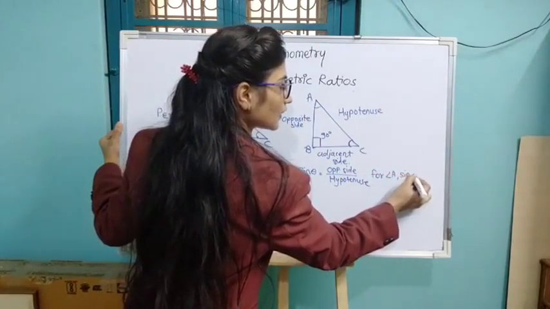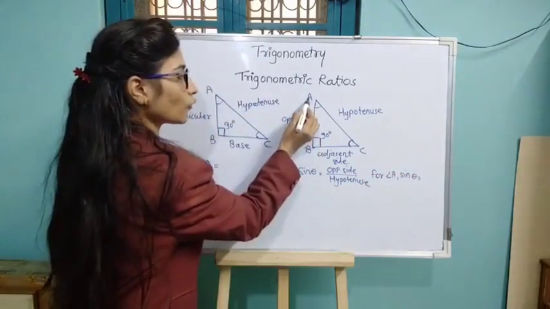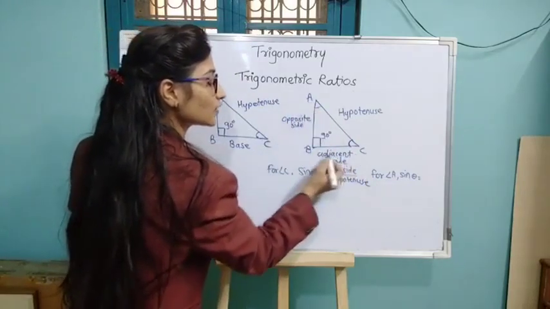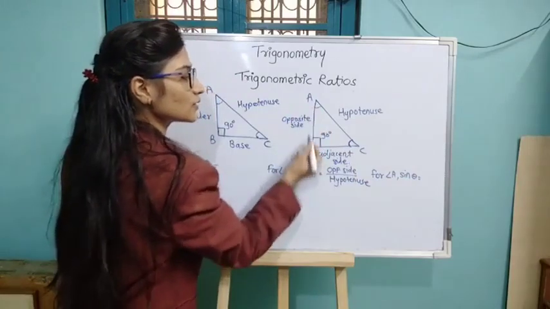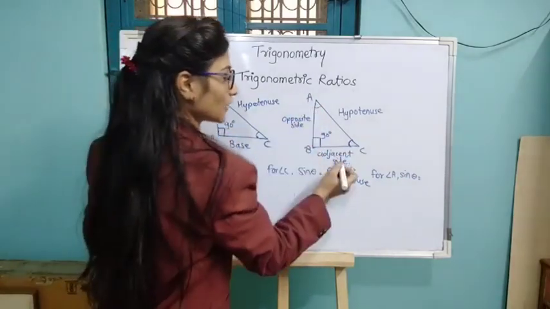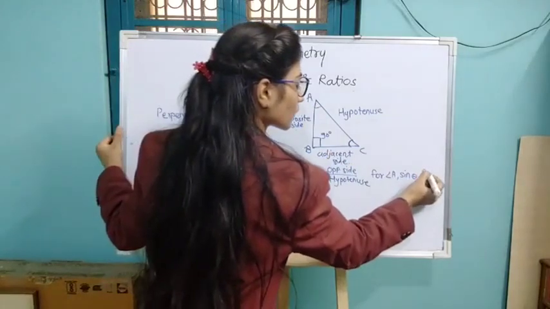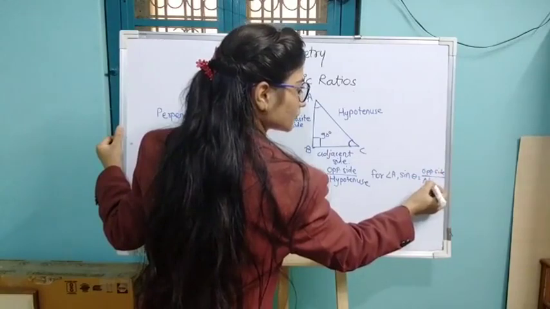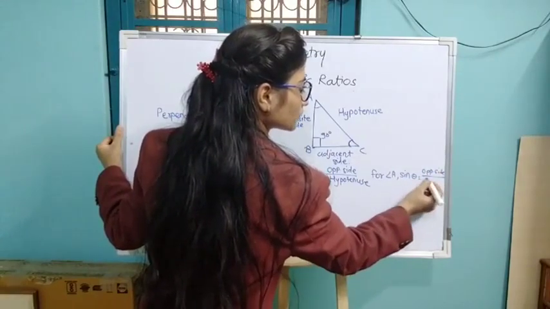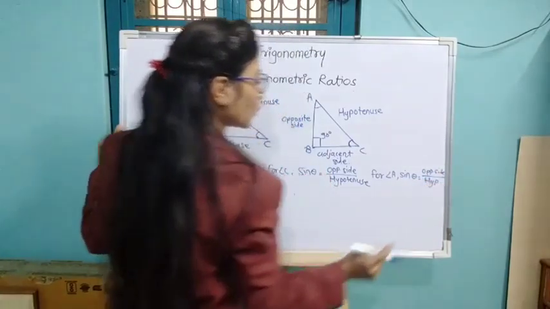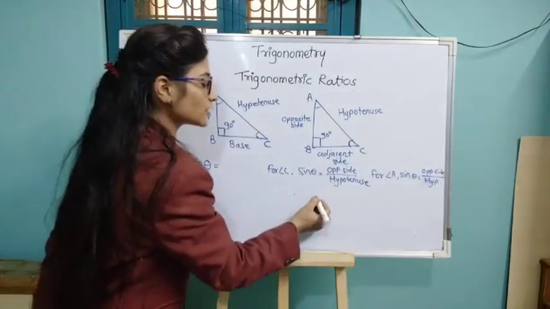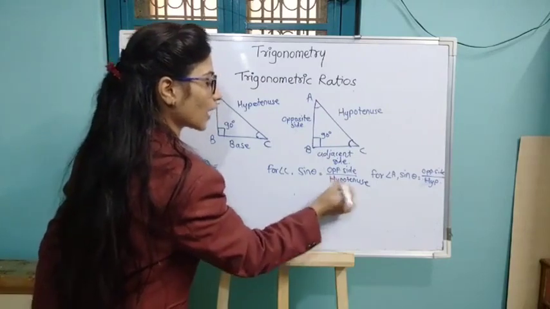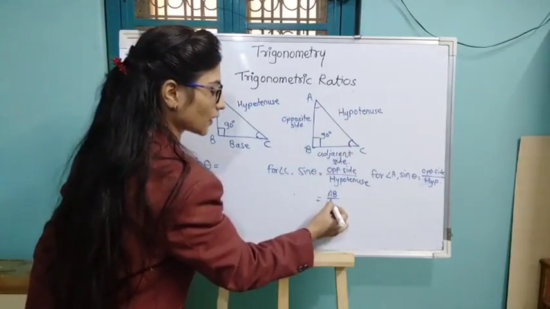Sine theta is equal to, now for angle A, this is the opposite side and this is the adjacent side. So we have to take the ratio of this opposite side BC upon hypotenuse. For angle C, opposite side is AB and hypotenuse is always AC.